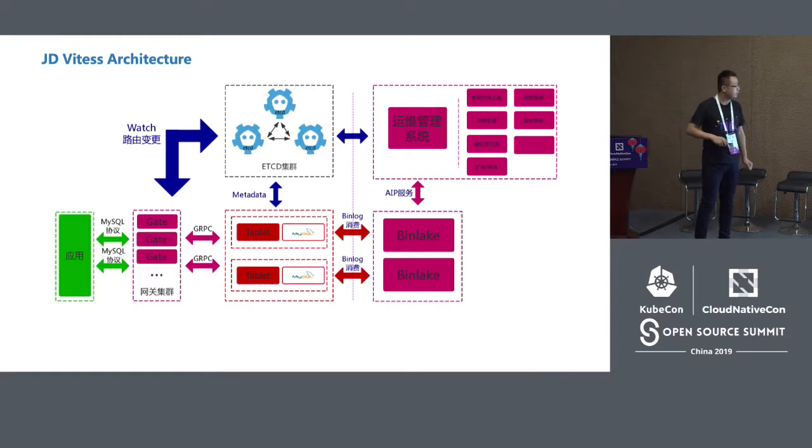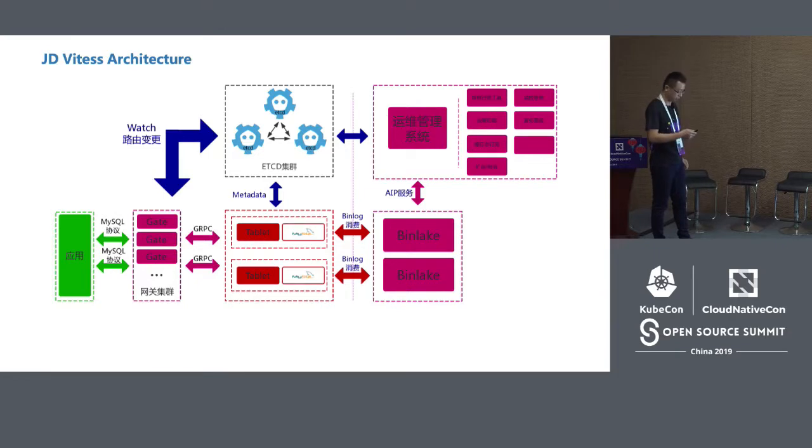In JD, we have a binlog service. We synchronize the data in real time through Bin Lake, and Bin Lake offers subscription services for users, so as to enable real-time synchronization of data.